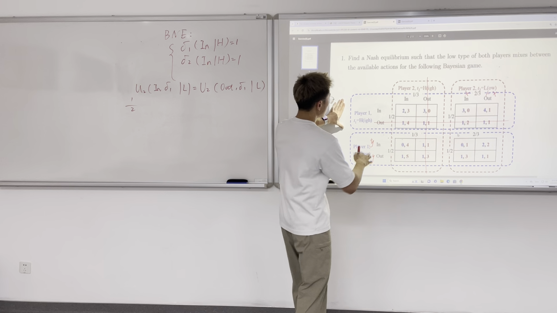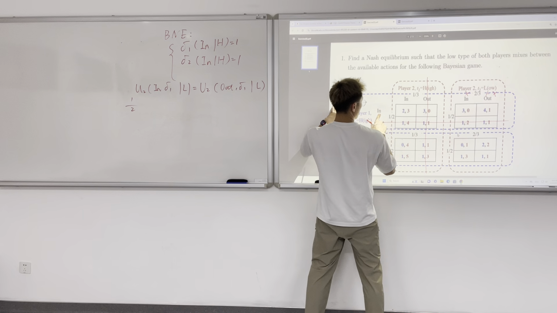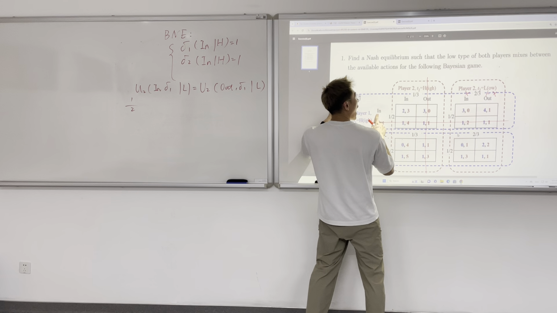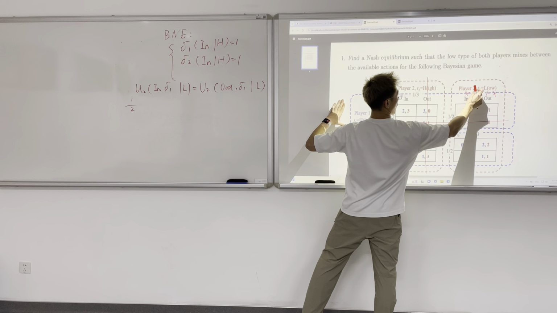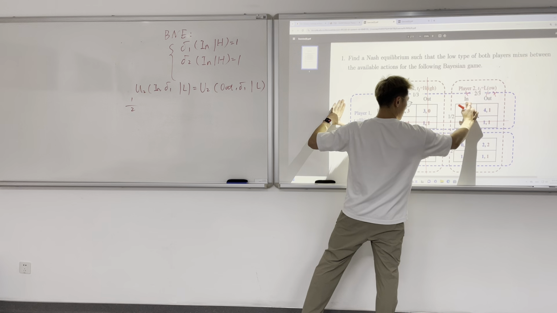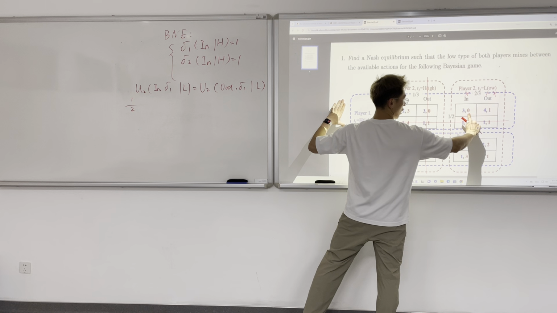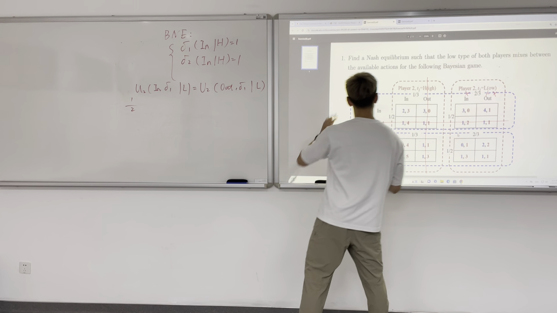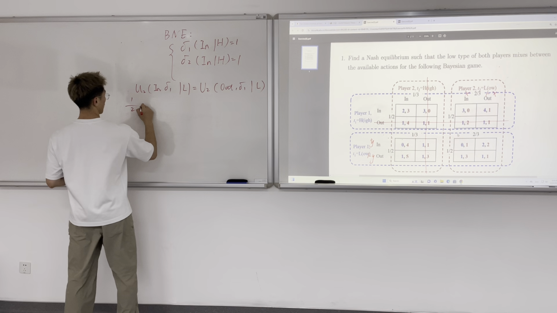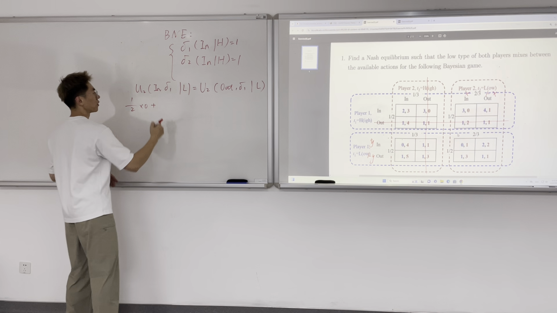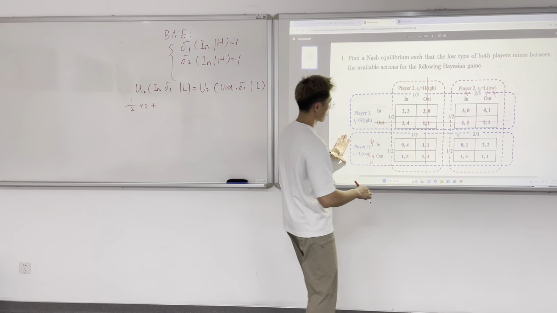And if the opponent is high type, the opponent will definitely play in, and if the low type player 2 plays in, it will give him a payoff of 0, right? So this is 1/2 times 0 plus what? This part, right?